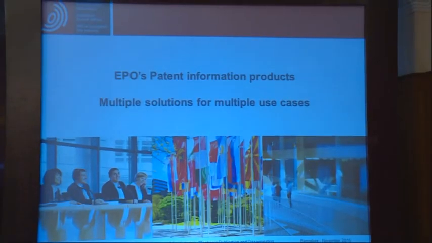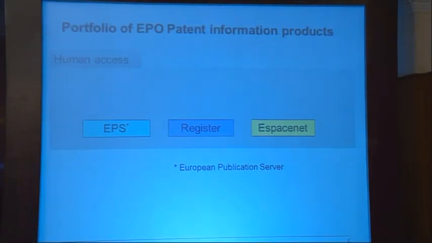Good afternoon, everybody. I would like to show you our patent portfolio and maybe to focus on some of our products. We have basically two categories of products. Some of them are for human beings.